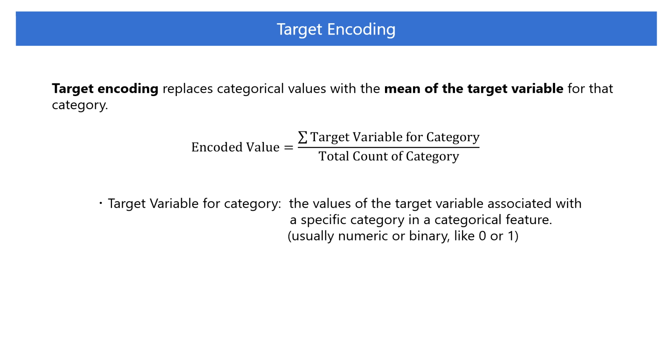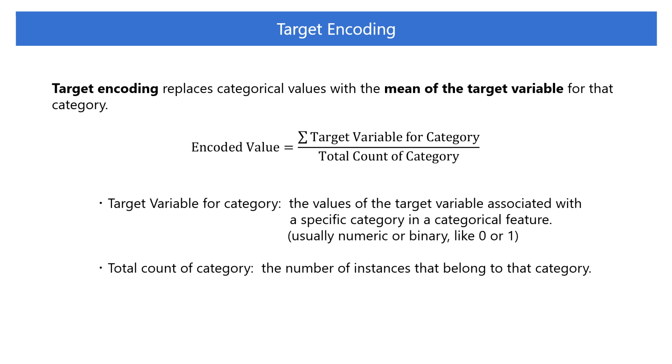It is usually numeric or binary, like 0 or 1. The numerator is the summation of target variable for category. Total count of category is the number of instances that belong to that category.